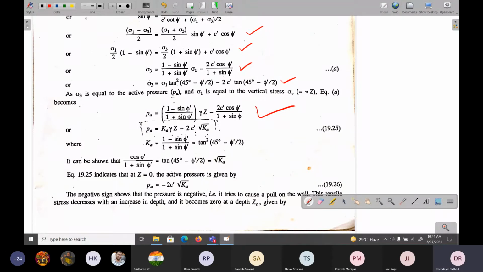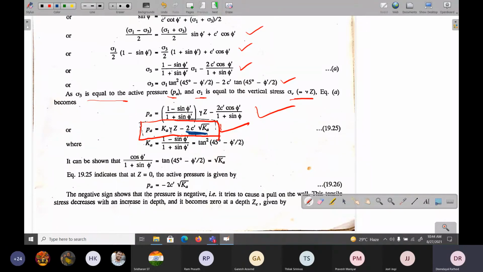Here sigma 3 is equal to the active pressure, and sigma 1 is the vertical stress, gamma into Z. So finally what you will get is this particular equation. This is what we are interested in. What is the difference here? The only difference is this extra term. Otherwise it is the same as the active earth pressure for a cohesionless soil.